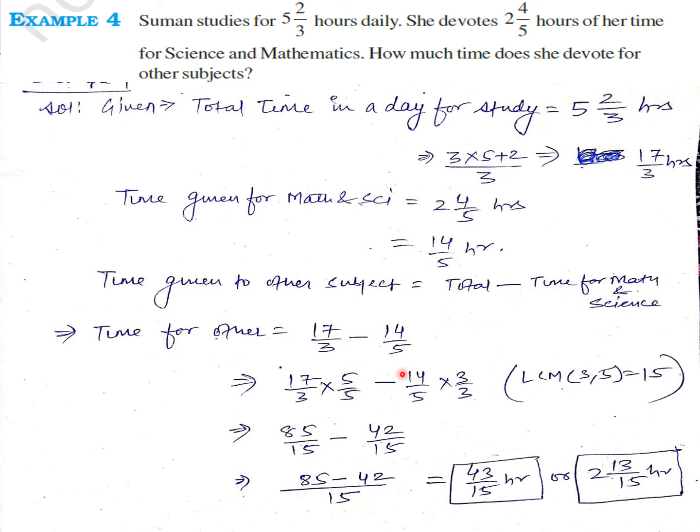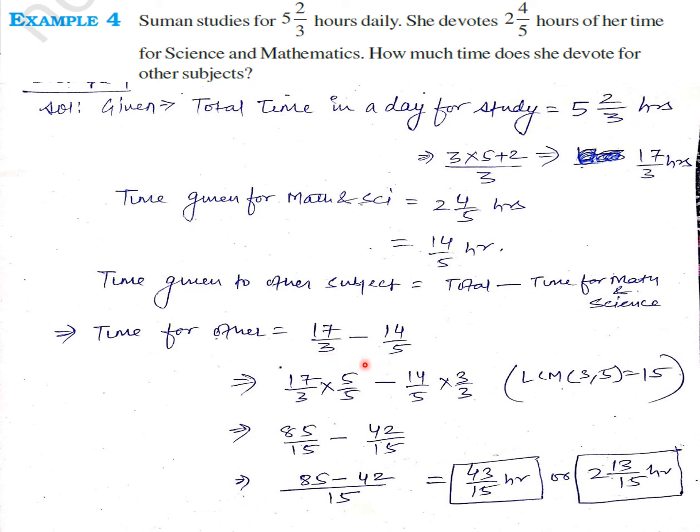So these are the numbers: 17 by 3 minus 14 upon 5. I told you, when you want to compare fractions, add them, or subtract them, the best way is to make the denominators same, because here they are unlike fractions.